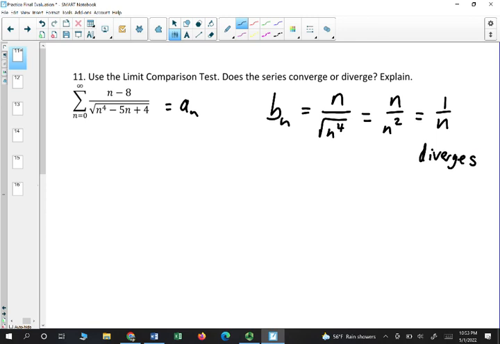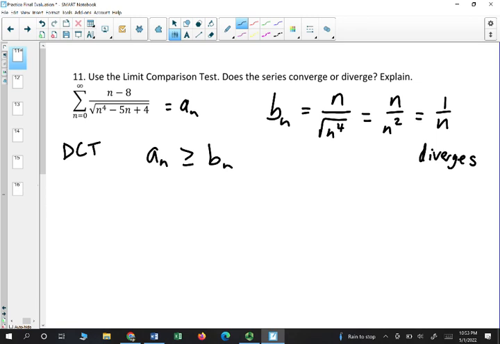So it might be challenging to use direct comparison, because you know that with direct comparison, if you have a divergent series, an would have to be greater than or equal to bn. And then you might ask, well, how do we know an is greater than or equal to bn?